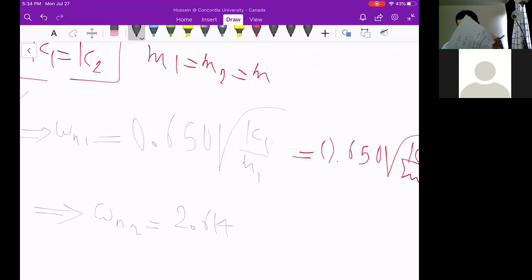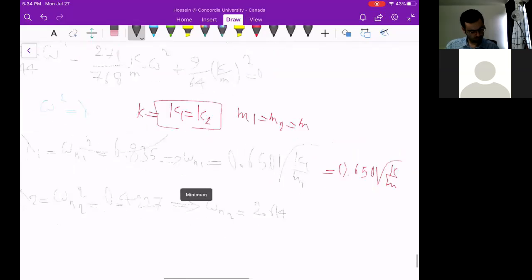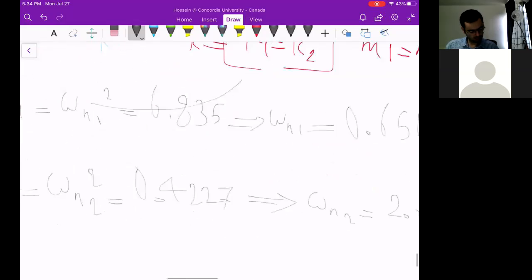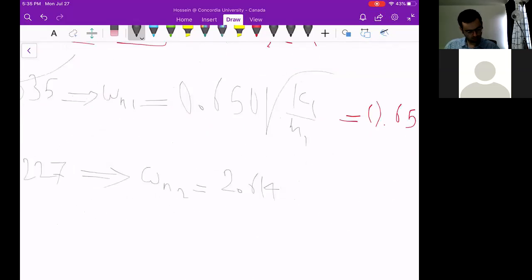The first natural frequency is, so here omega n2 basically is 2.614 square root of k over m.